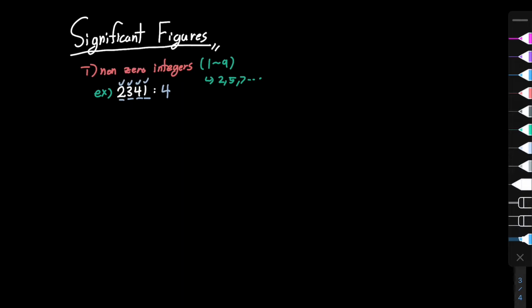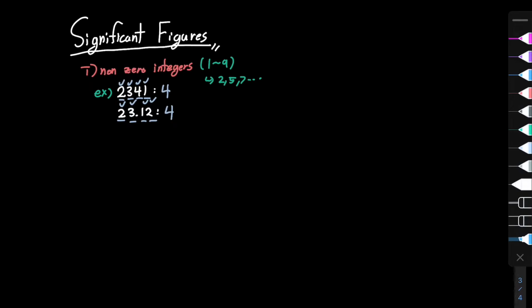Now once again, if we have a decimal such as 23.12, every single digit in this number is not zero, but they are integers. So they will all be counted as significant figures. So there will be 4 significant figures in the number 23.12.